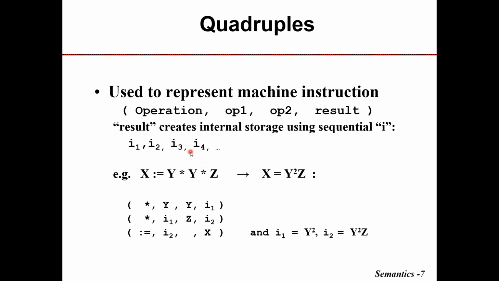To do this, we're going to need some intermediate variables. And in order for us to implement these intermediate variables, we're going to create some sequence where we think there'll be unique IDs. In this case, we can use something simple like I subscript 1, 2, 3, 4. We'll just serialize them because this is all internal.